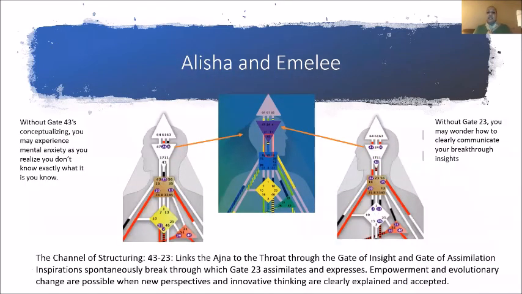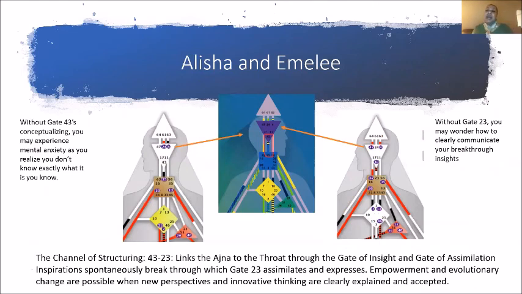To make this really simple, I honed in on one specific area of my chart and her chart to show you where I have the gate 23 from the throat going toward the ajna, the third eye, and Emily has gate 43 going from the ajna to the throat.